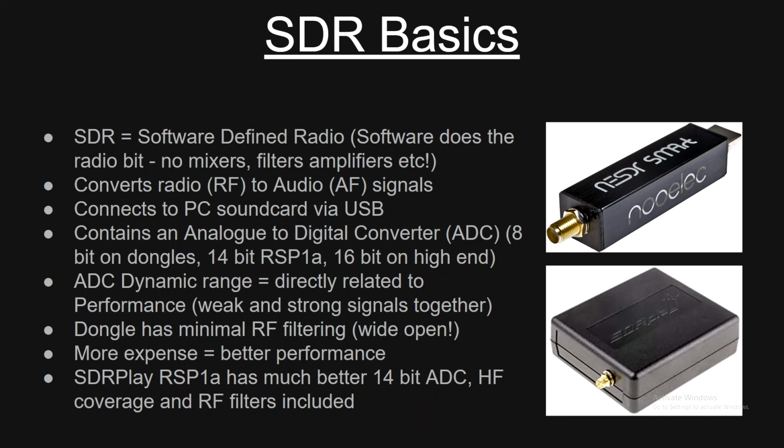So basically you need to filter that out. Now the likes of the RSP1A have this built in, with filters for broadcast radio, DAB radio, etc. But the trick with the WebSDR is to add extra filters for the bands that you want, which is fairly straightforward and a common thing with amateur radio enthusiasts.